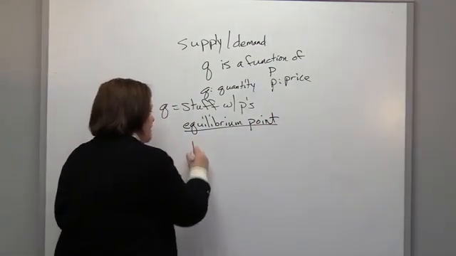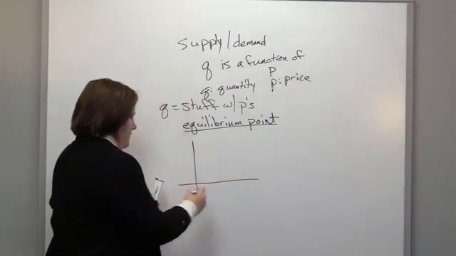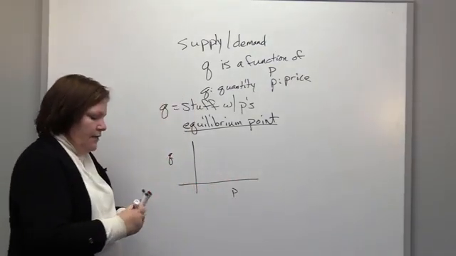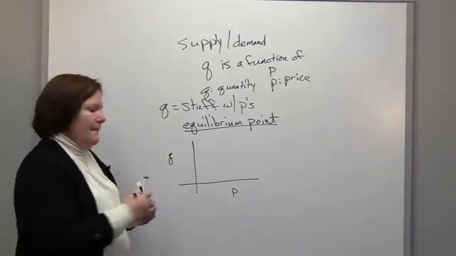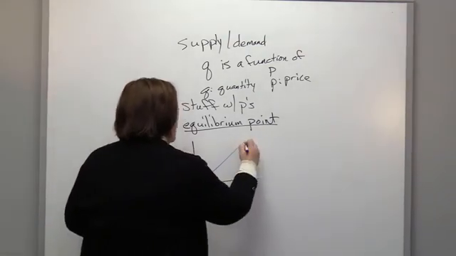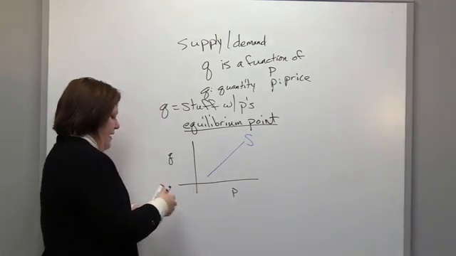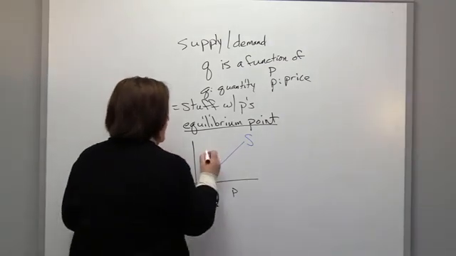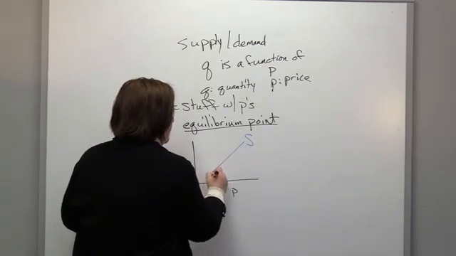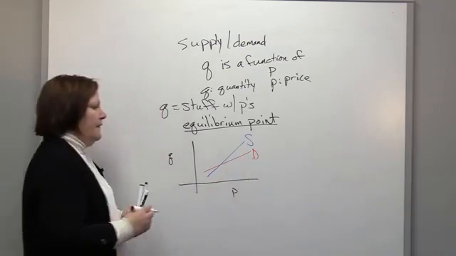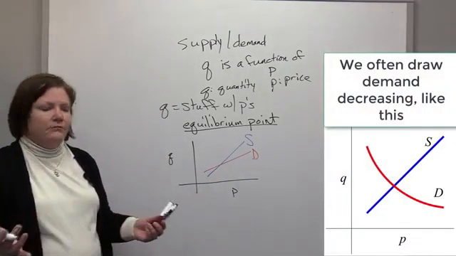So supply and demand, you have P and you have Q. They might look like this. I'll just call this S. And maybe you might have something that looks like that.